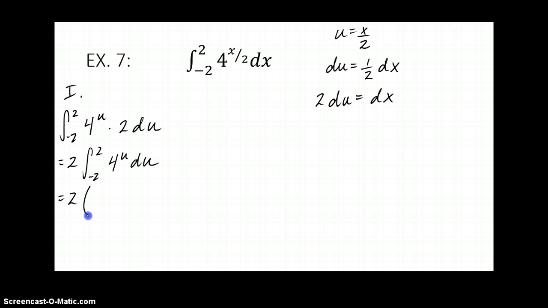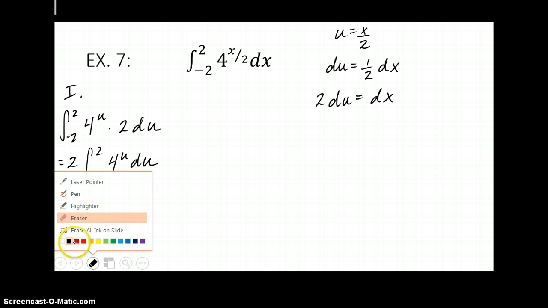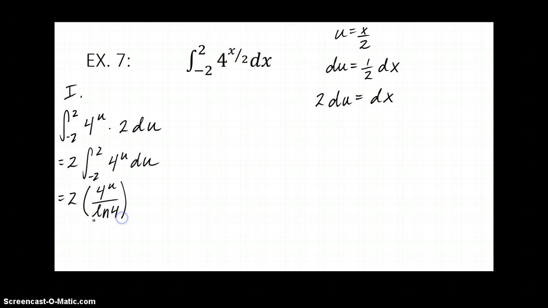So I have 2. The antiderivative of 4 to the u is itself divided by the ln of 4. I'm going to write it as 2 over ln of 4. That's all coefficient. Replace u with x divided by 2, and now evaluate that function from -2 to 2.